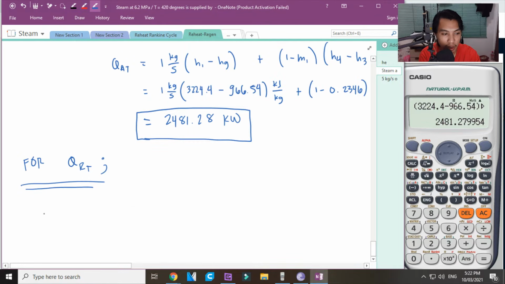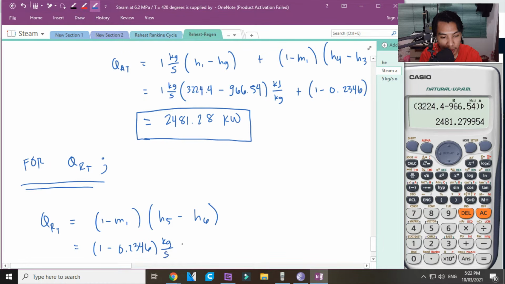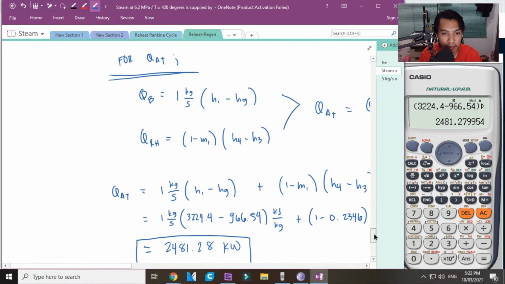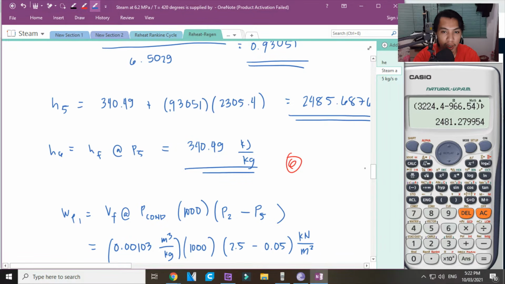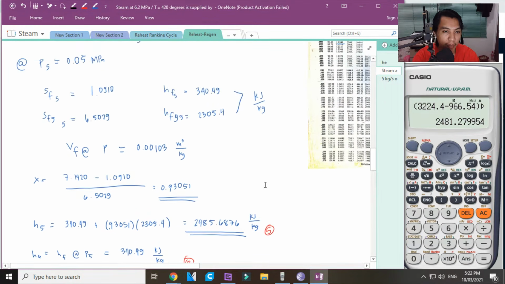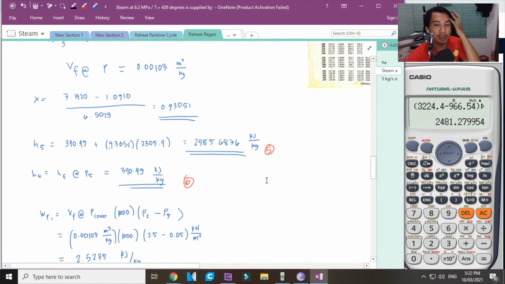That is QR total 1 minus M1, H5 minus H6. 1 minus 0.2346 kilogram per second. H5 is, hanapin natin si H5. Ayun, 2485.6876.